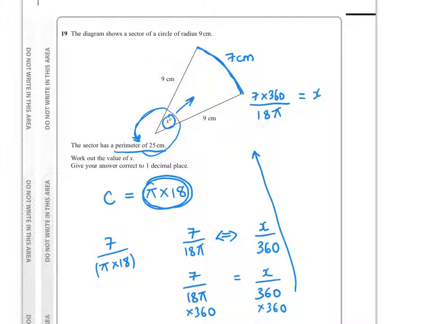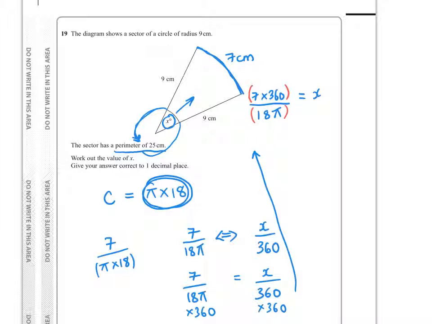So let's do that on the calculator, and to be safe, I'm going to put a bracket up here, and I'm going to put a bracket underneath here. So bracket 7 times 360, close bracket, divided by open bracket 18 times pi, close bracket.